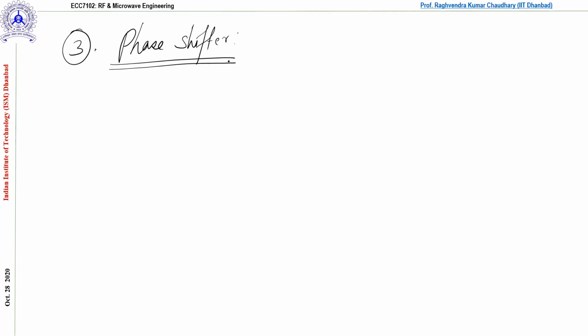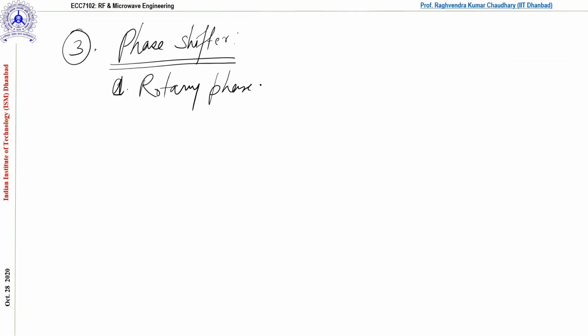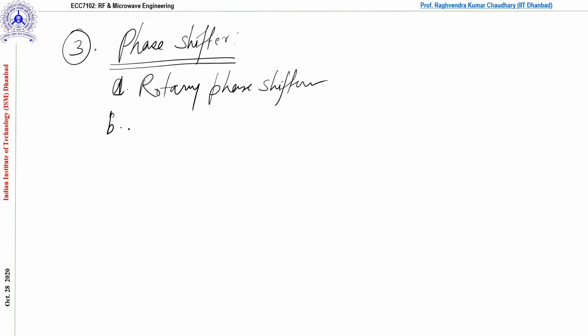Basically there are two kinds of these. One is the rotary phase shifter, and the second is the electronically controlled phase shifter.